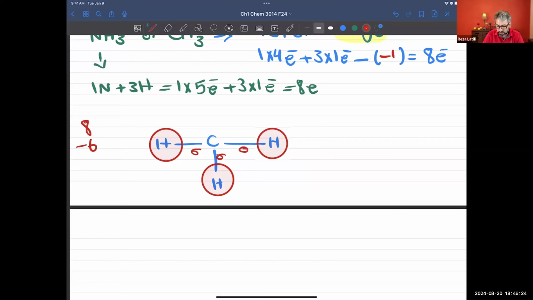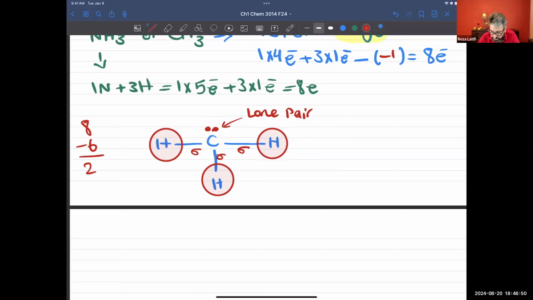What do I do with the rest of the electrons? I have no option other than showing them on the central atom. So I put them as a lone pair. Lone pair we show here just simply as 2 dots on top of the central atom. That means you have a lone pair on carbon.